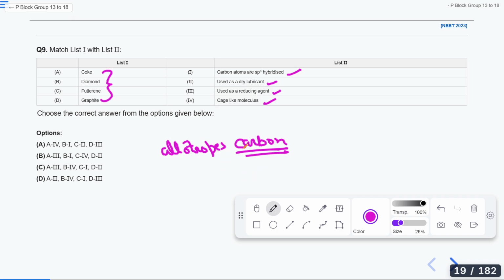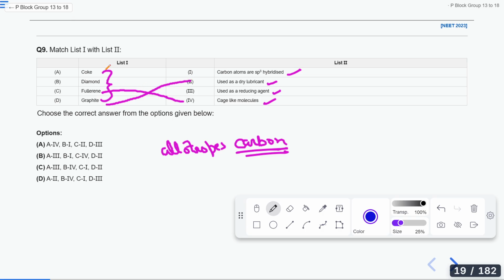Now we'll match each of them one by one. Starting with the easier one, we know that fullerene has a cage-like structure, a dome-shaped structure. Then we have graphite. Graphite is used as a dry lubricant.